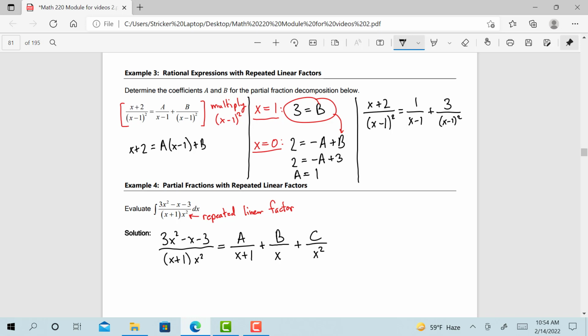And then we can multiply both sides by our least common denominator, which is going to give us 3x squared minus x minus 3 equals Ax squared plus B times x plus 1 plus C times x plus 1.